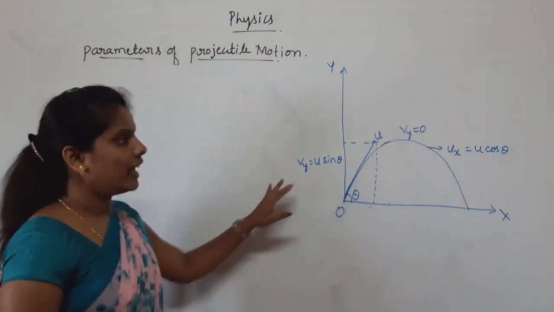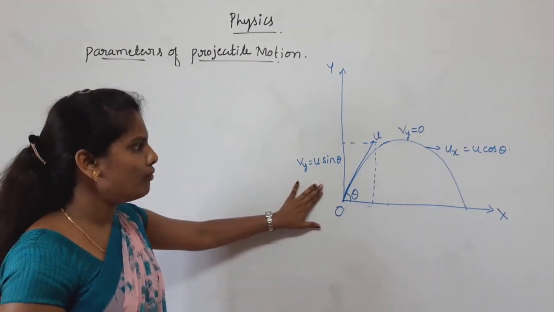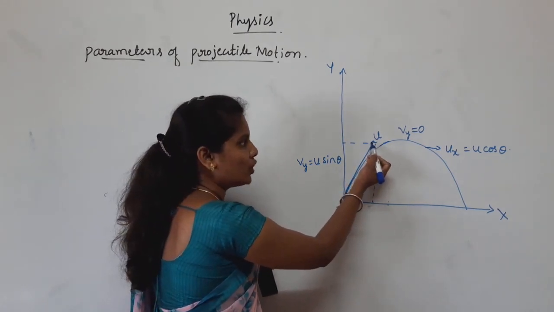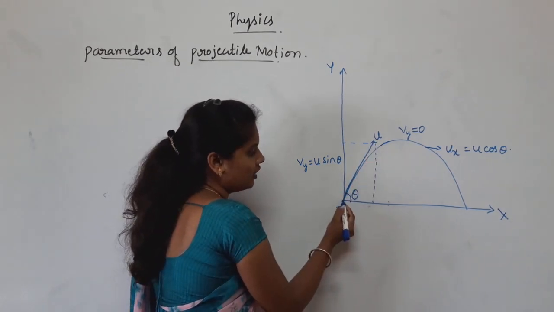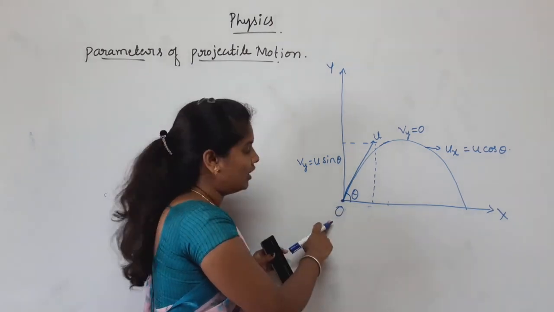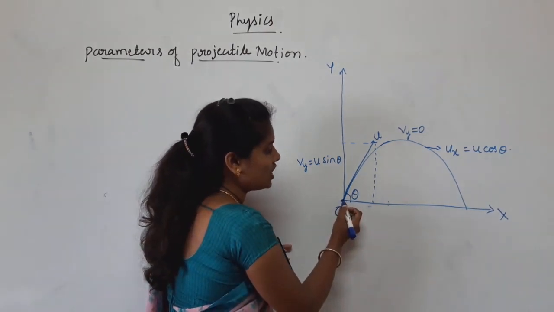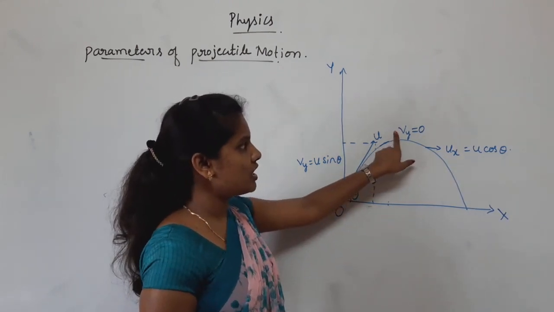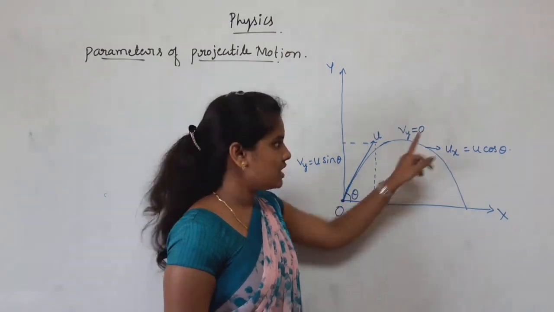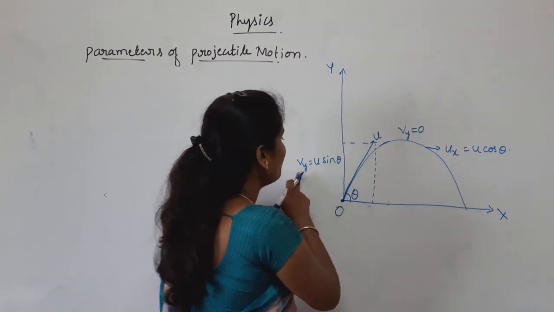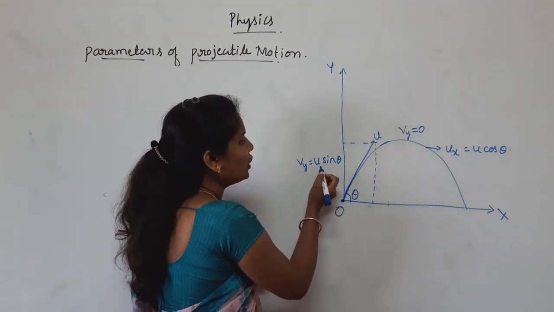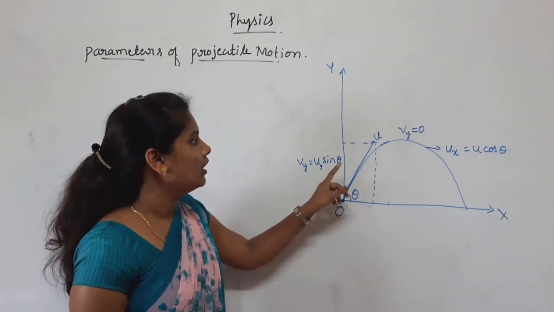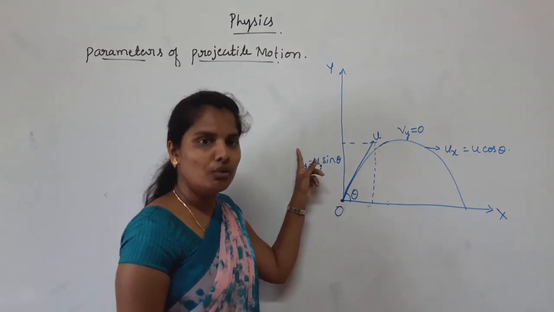This is the diagram regarding the time of flight. Here we represent the velocity of the projectile. O represents the point of projection, and Uy and Ux are the components of U along the x-axis and y-axis.